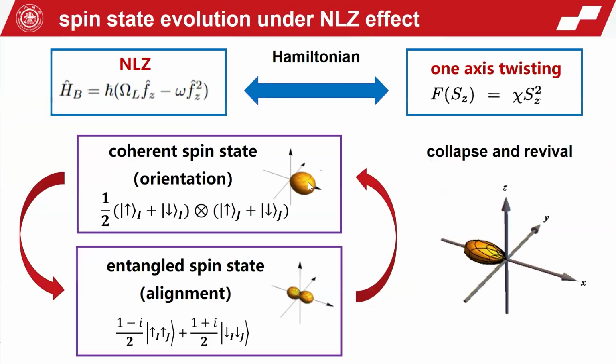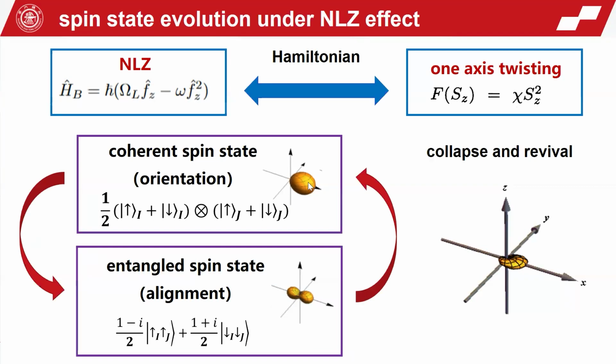But if we write the effective Hamiltonian of the NLZ effect and compare it with the one-axis twisting Hamiltonian, we found these two Hamiltonians have the same form. So people usually describe the evolution of the atom using the coupled basis.